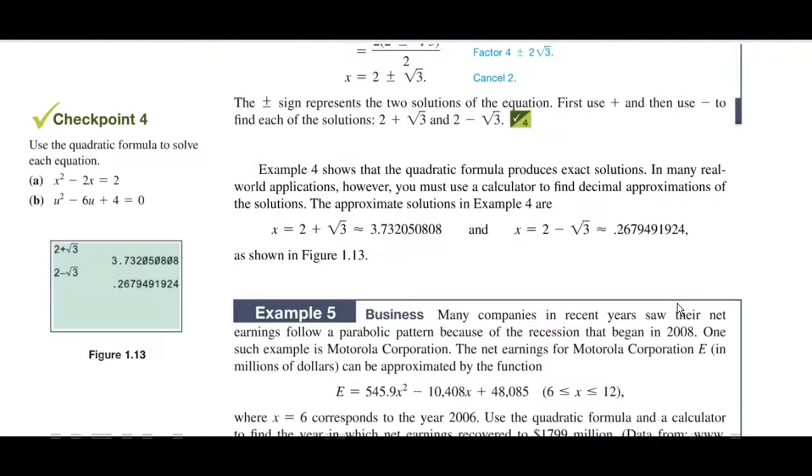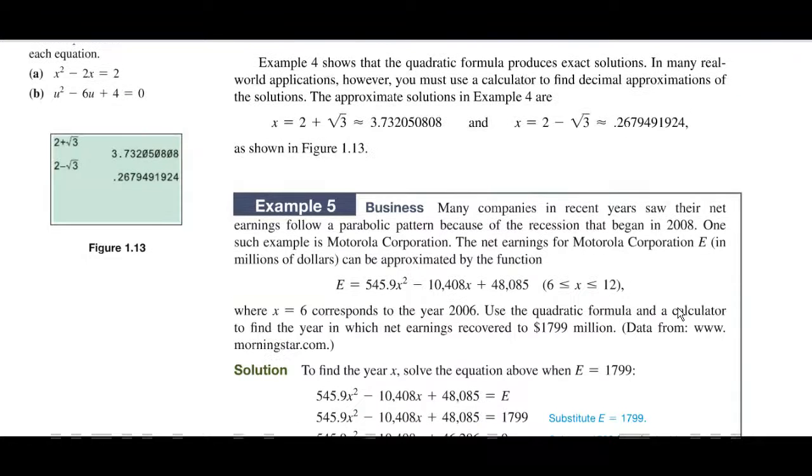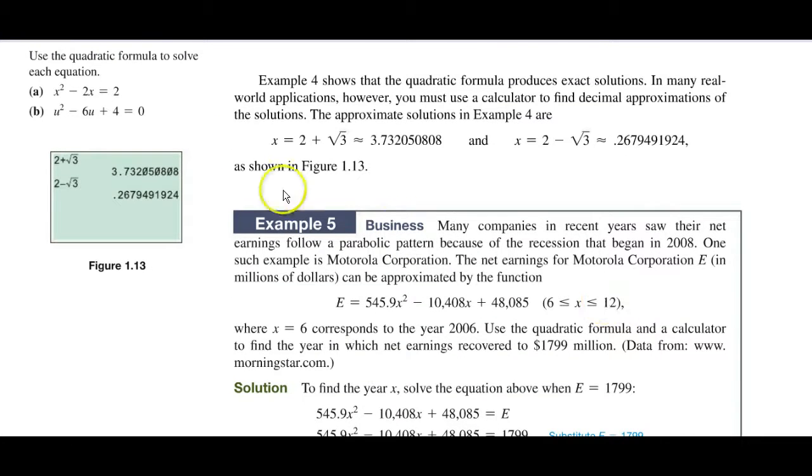Let's go on. Now you could put this into your calculator and get numerical values which are approximations. They often want you to round to 3 decimal places. So as we look at this one, the 4th place, if it was 4 and below, we drop it.